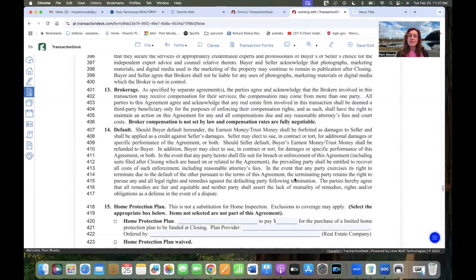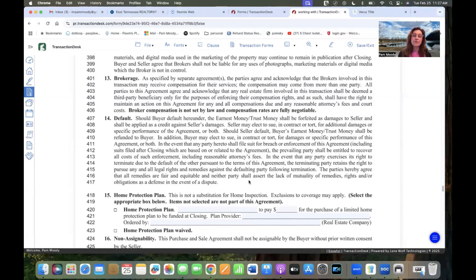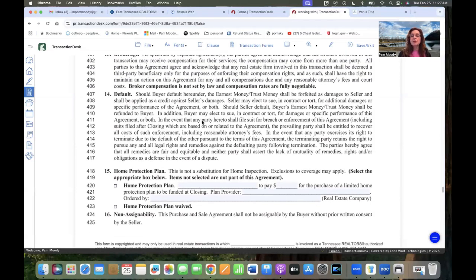In the event that any party exercises its right to terminate due to the default of the other pursuant to the terms of this agreement, the terminating party retains the right to pursue any and all legal rights and remedies against the defaulting party following termination. The parties hereto agree that all remedies are fair and equitable, and neither party shall assert the lack of mutuality of remedies, rights, and or obligations as a defense in the event of a dispute.